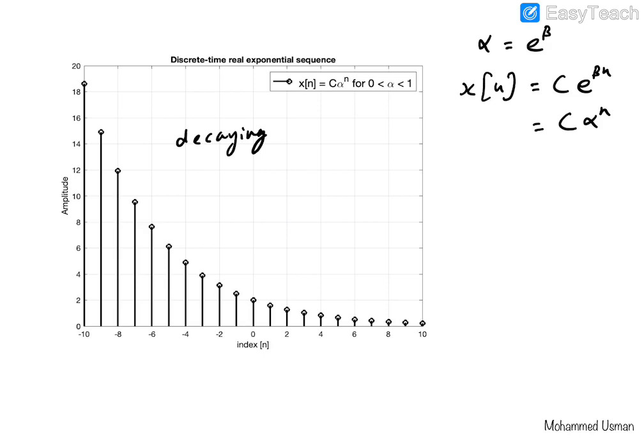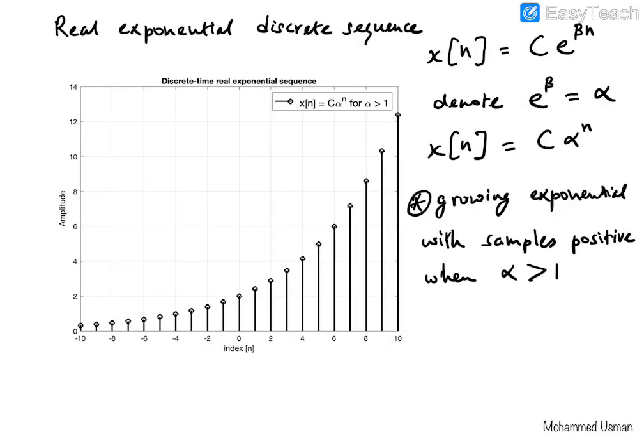Okay, next we'll see further combinations for the values of alpha when alpha becomes negative and becomes less than -1 as well. So far we have seen two cases of the real exponential discrete sequence. The first case is when alpha is greater than 1, so that is alpha is positive and greater than 1.